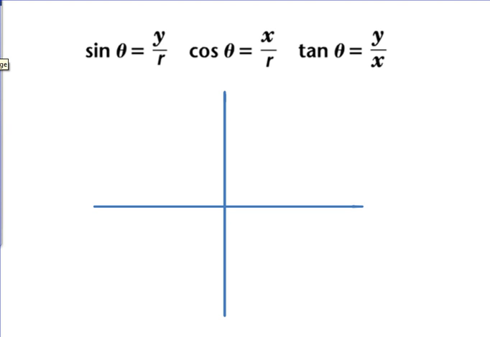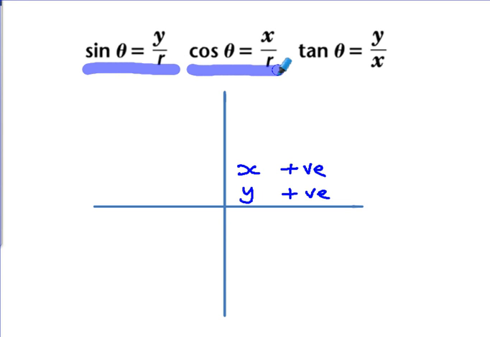Now, before we carry on, it's useful thinking about the quadrants when it comes to trig values. So for instance, the first quadrant, we know that all the x values and y values in this quadrant are both going to be positive. Now, for this idea, we can think, well, if both x and y are positive and r is positive as well, sine is y over r, so sine of any angle in the first quadrant is also going to be positive.